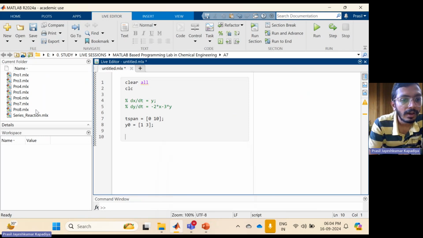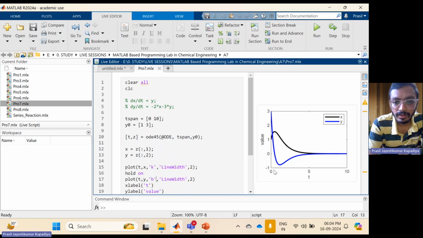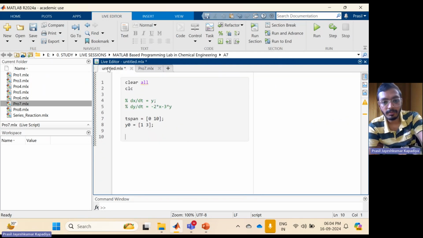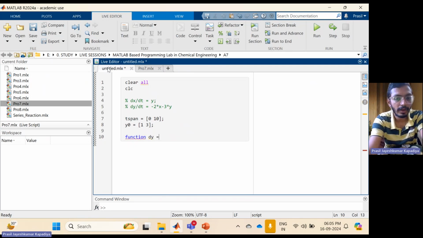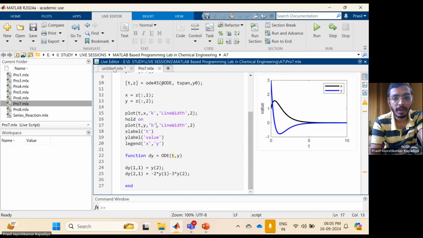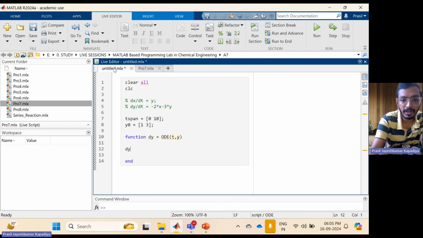So let's see how we wrote it. I define my function dy, the value that I'm supposed to find, using the name of the function ODEs, with inputs time, a particular time instant, and y. As we are having two equations, I will write dy of first equation, then the second equation.